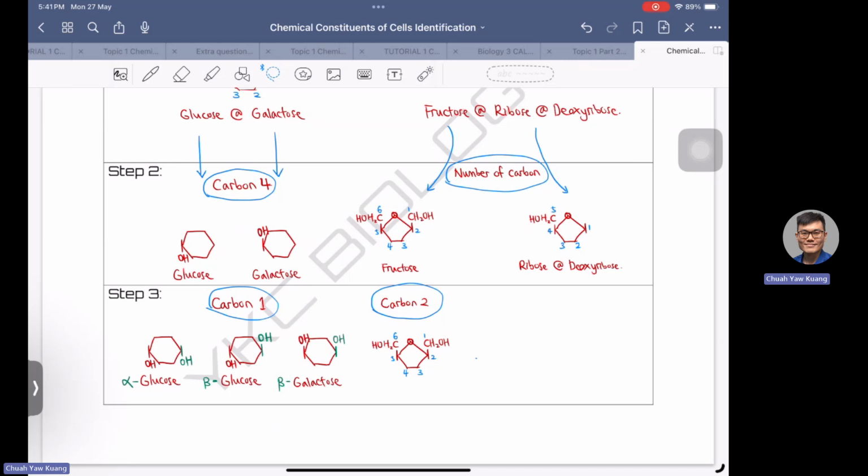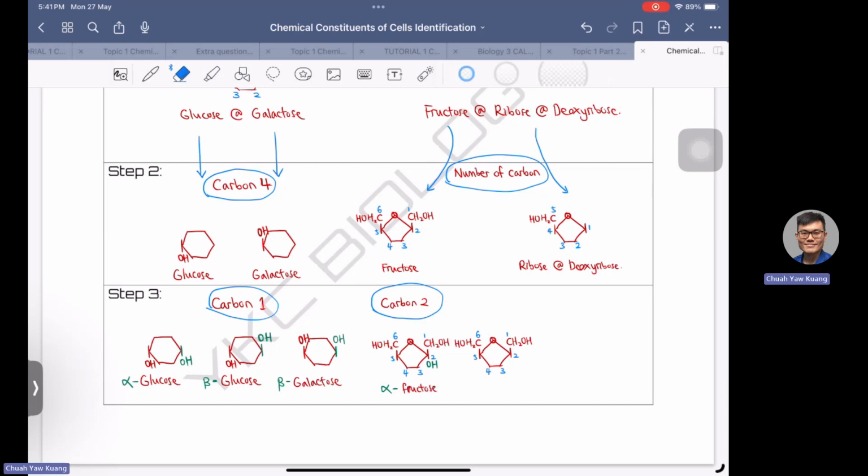So if at carbon number 2, the OH is at the bottom plane, then this is definitely the alpha fructose.